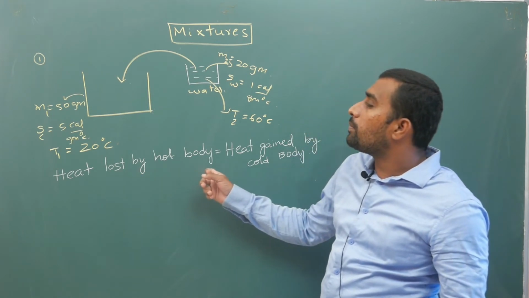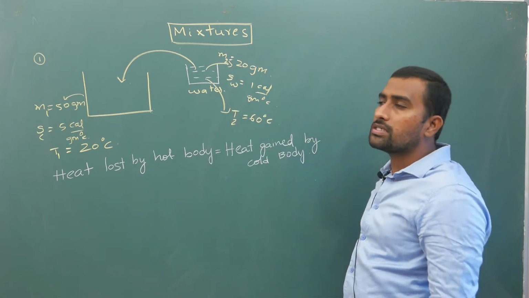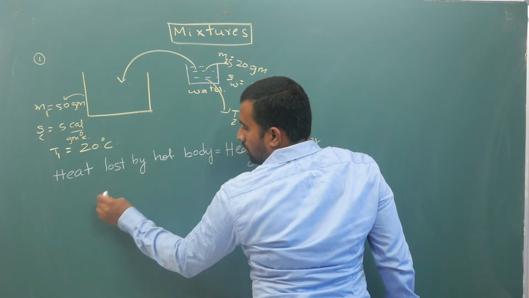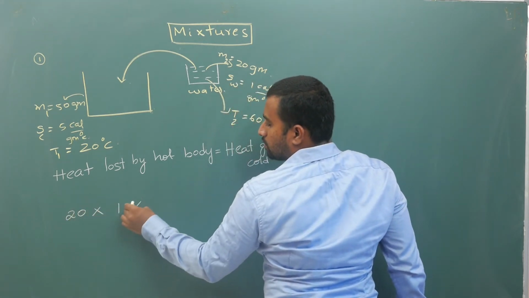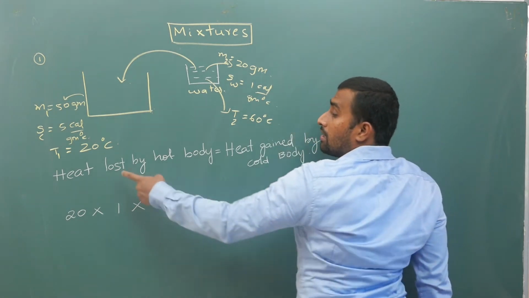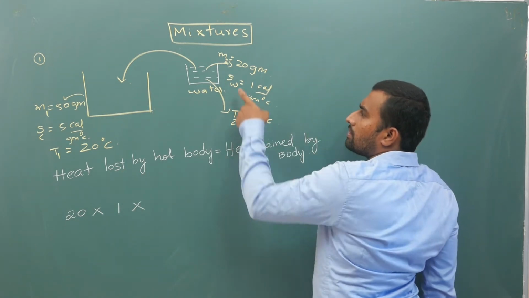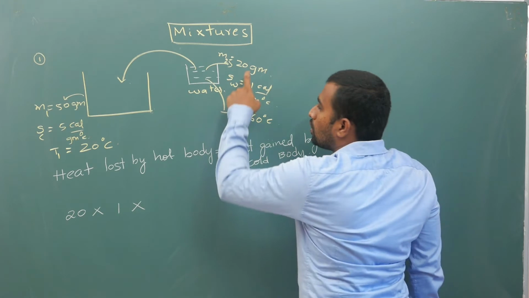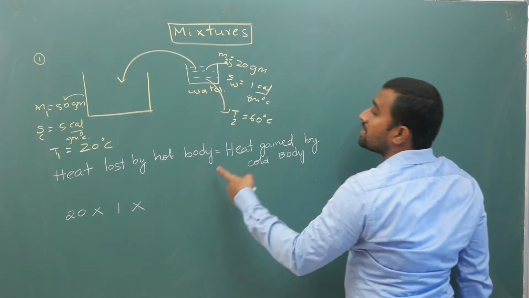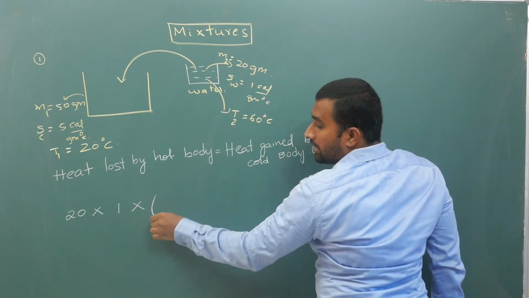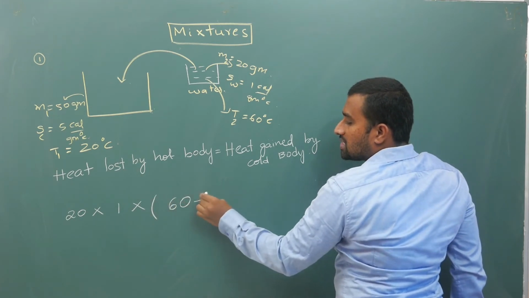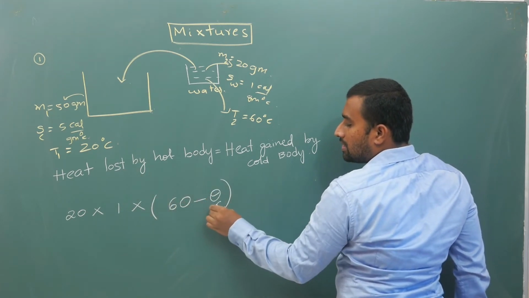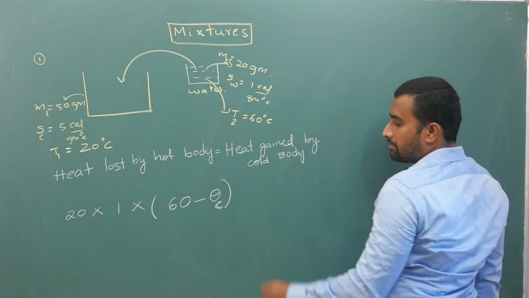So your hot body is 20 grams of water. So 20 into the specific heat of water, which is 1. I am using the m s delta theta formula for this water part. So 20 grams into specific heat 1 into, for the hot body, loss, that means initial minus final, so 60 minus the common temperature or equilibrium temperature.